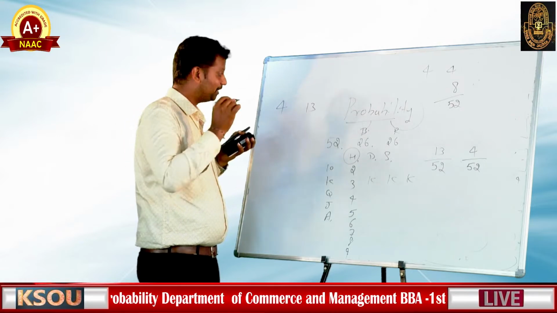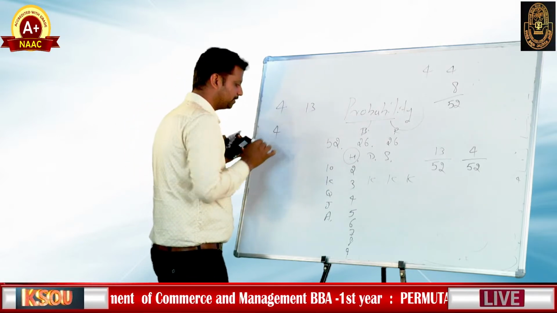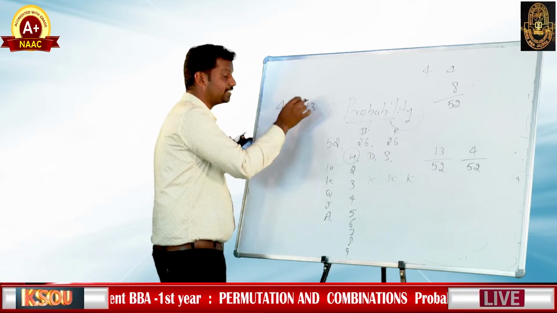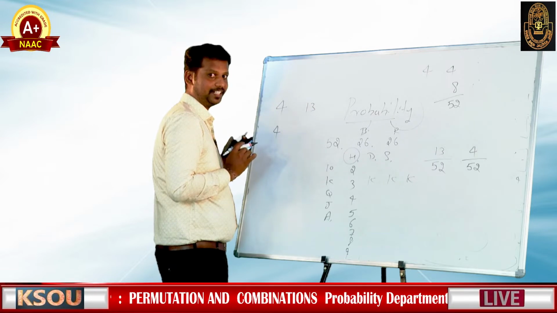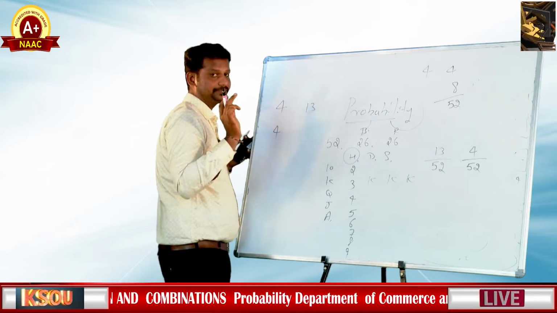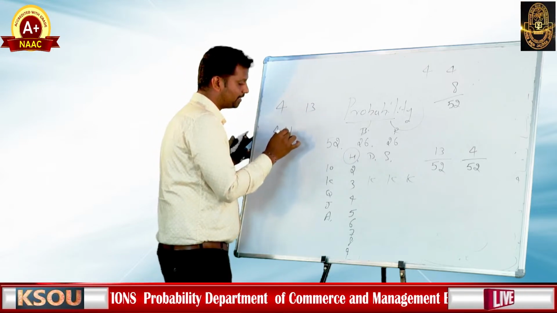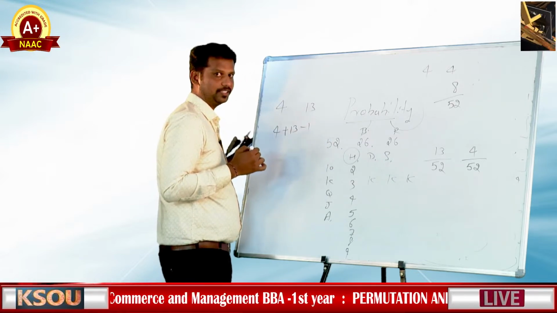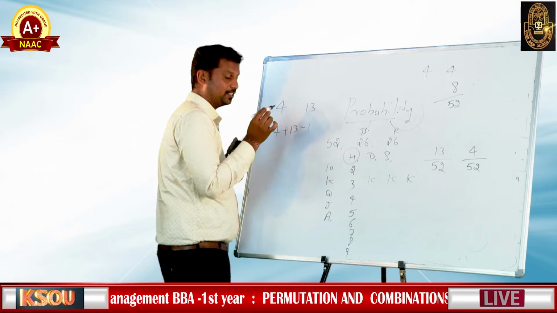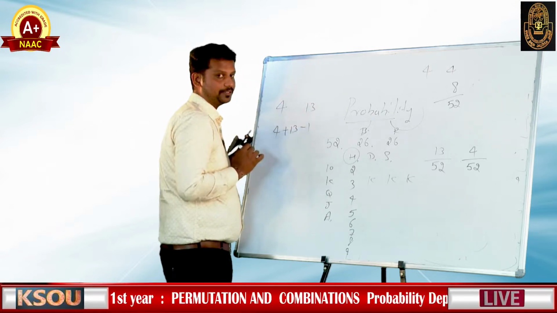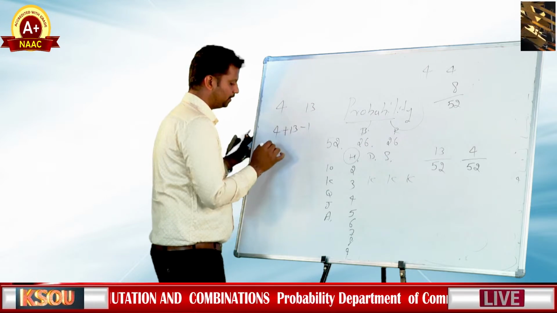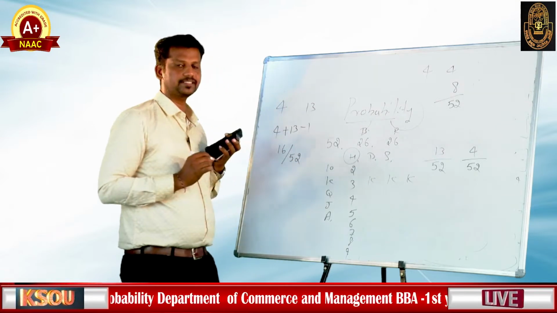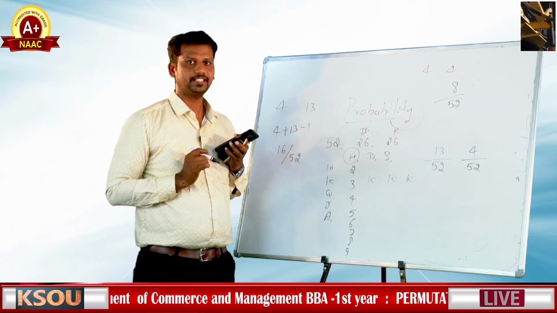But here, one of the kings is a heart. So that's the reason: 4 plus 13 minus 1. What is the reason for minus 1? Because one card is king also and heart also. Clear? Then it will be 16 divided by 52. Clear?